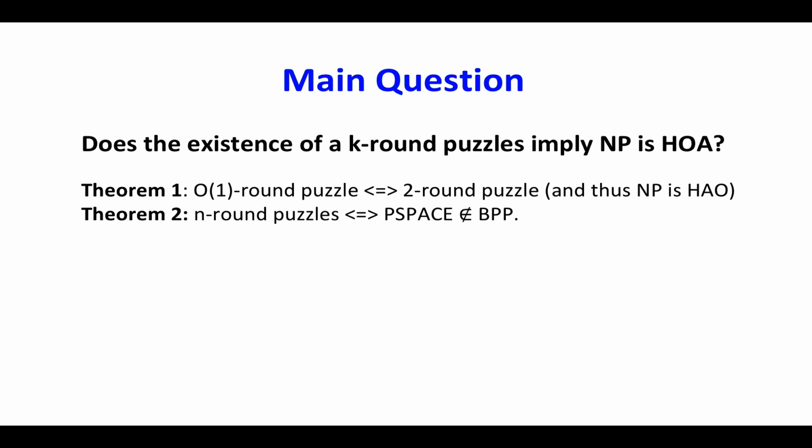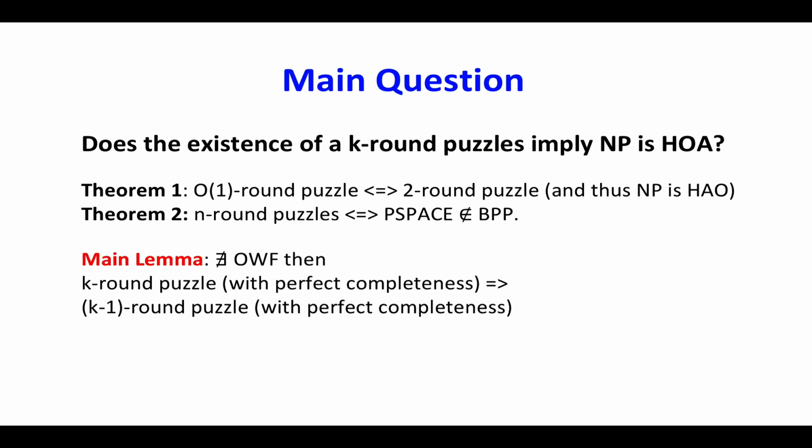Then it becomes equivalent to the assumption that PSPACE is not in probabilistic polynomial time. So PSPACE is not in BPP. So n-round puzzles are a much weaker assumption. Constant round puzzles are not. Okay, I'm not going to really focus on the second result. Rather, I'm going to focus on the first one.